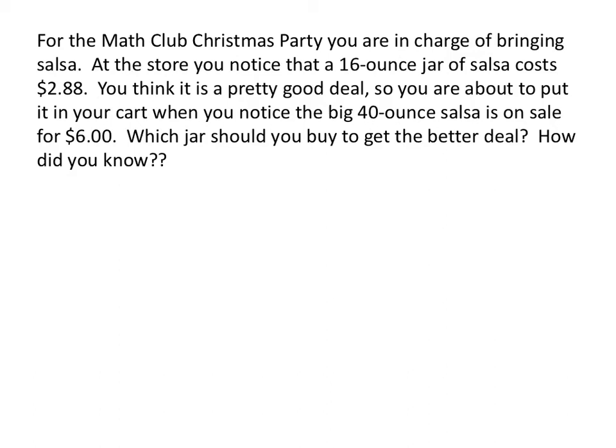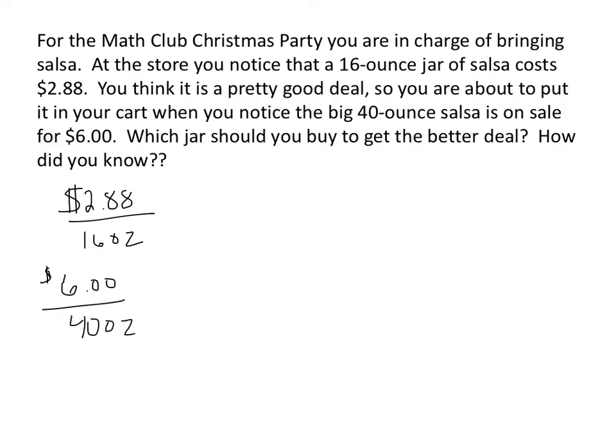Alright, so first what I would do is I would look that it's $2.88 for a 16-ounce jar, or I can get for $6 a 40-ounce jar. So I want to know which is the better deal, so which is the better price per ounce.